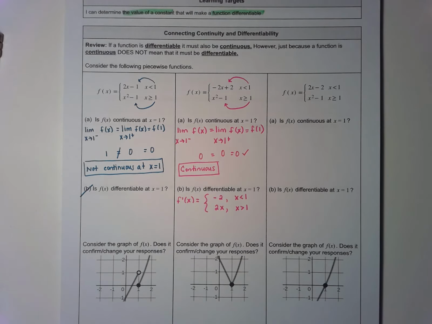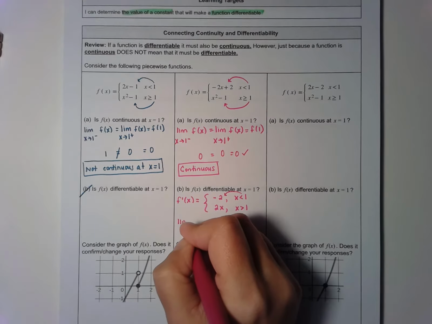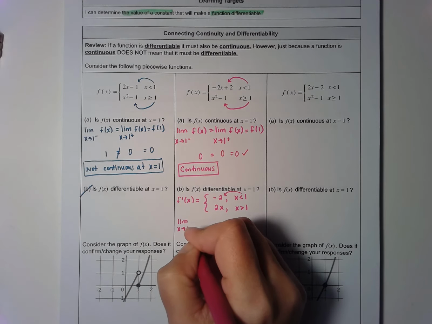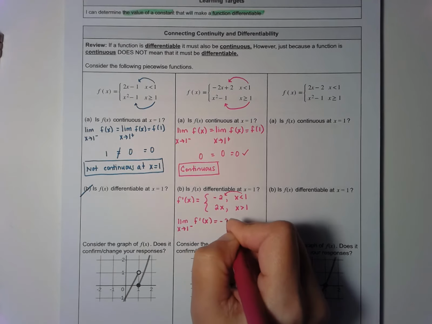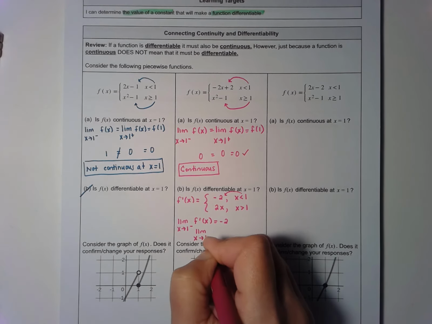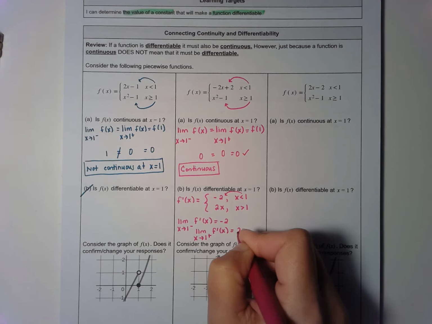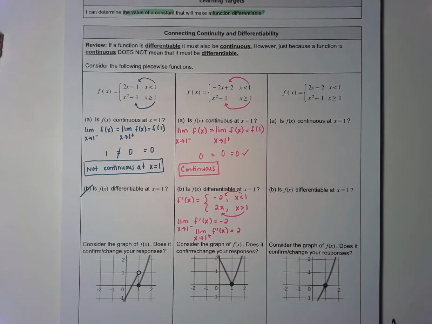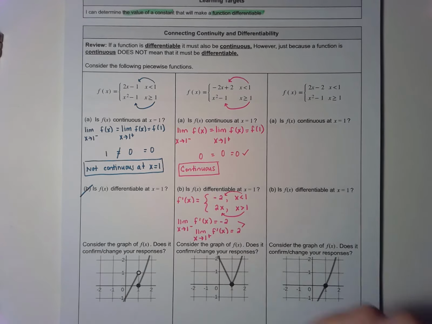To check whether I'm differentiable, if I plug the 1 into the top, I get negative 2, and if I plug the 1 into the bottom, I get 2. Since these two values are not the same, there's a sharp change in the slope.